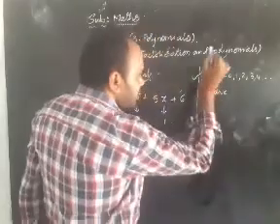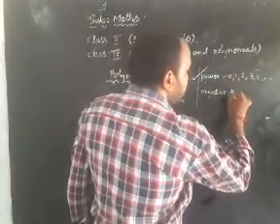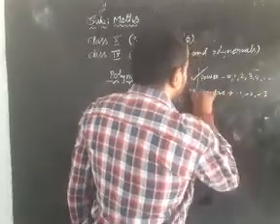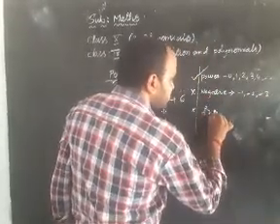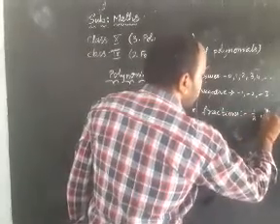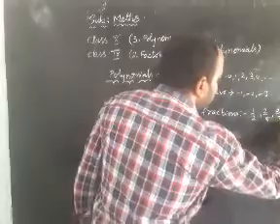We must not see -1, -2, -3, and must not see fractions as the power, like 1 by 2, 2 by 3, 3 by 2.